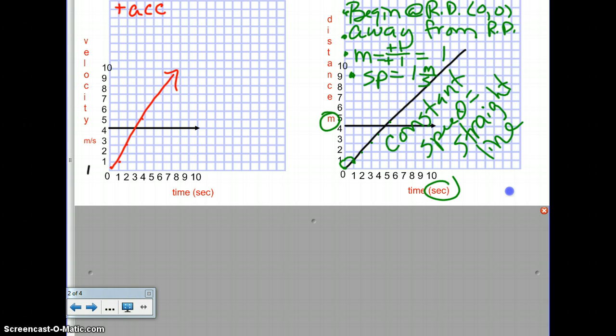If we want to quantify that or give it a number, we have to figure out the slope. Slope is rise over run. So if we went from 0, 0 all the way up to 7, 9, we went up 1, 2, 3, 4, 5, 6, 7, 8, 9, 10, 11. And then we went over 1, 2, 3, excuse me, I should do it here. 1, 2, 3, 4, 5, 6, 7.